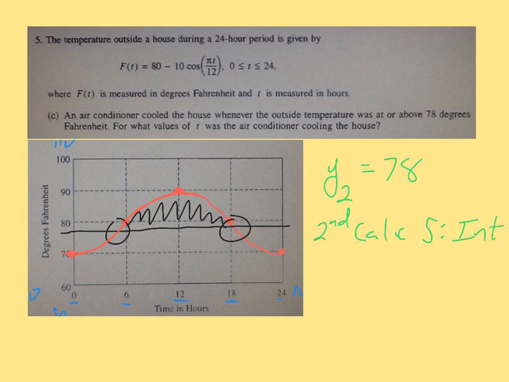Now, you don't have to write this down on your exam or anything, but that's what we're going about doing. So second function, calculate, intersection, and I'm going to go from my curves. Now we're going to find 2 of them. So at the point where it says guess, I am actually going to scroll over and make sure I'm close to this value here. And when I do that, I have time equal to 5.23 hours.